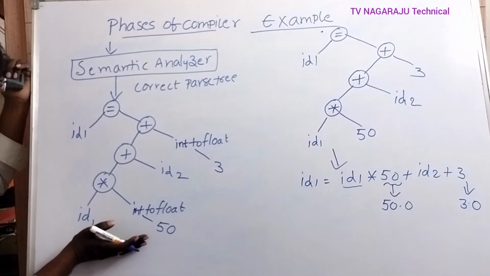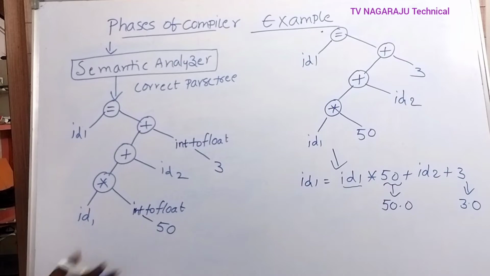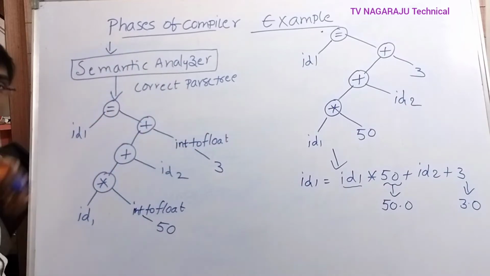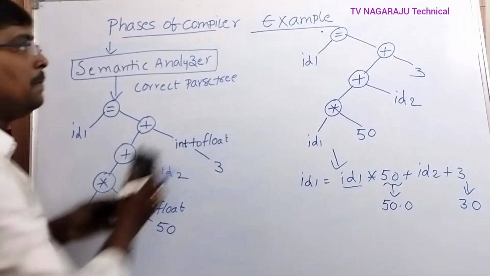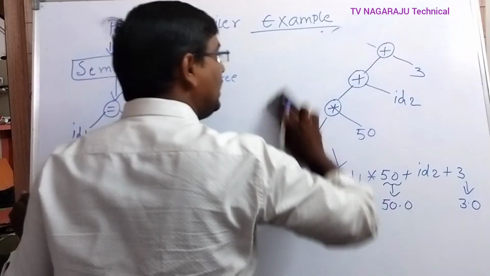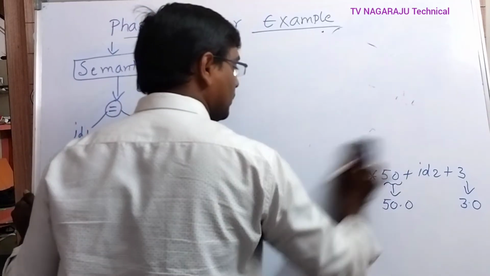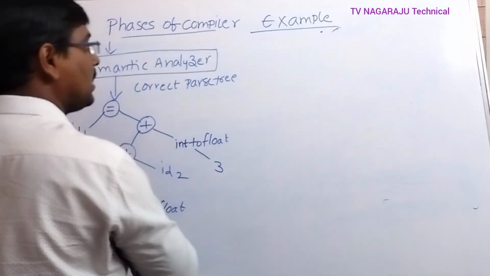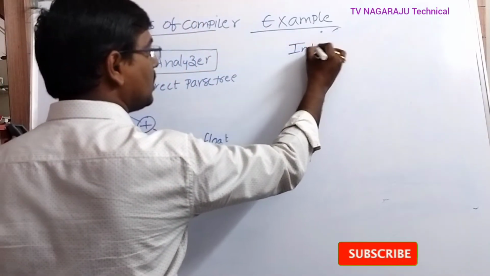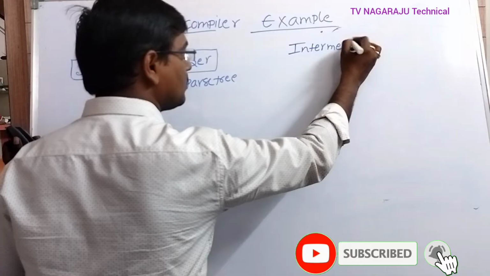This is the output of the semantic analyzer. This is called the correct parse tree or annotated parse tree. Now, this output is the input to the intermediate code generator. The intermediate code generator is the fourth phase.